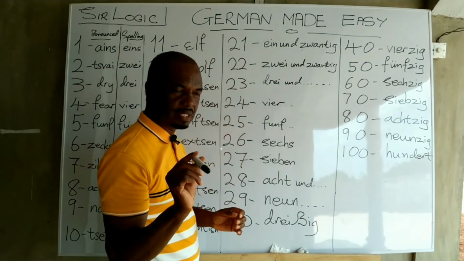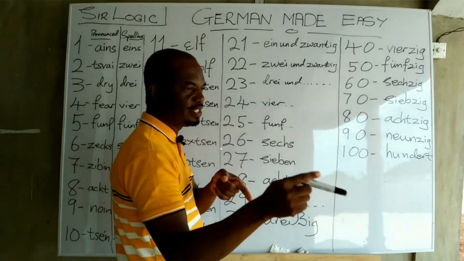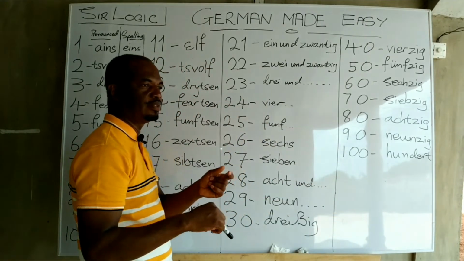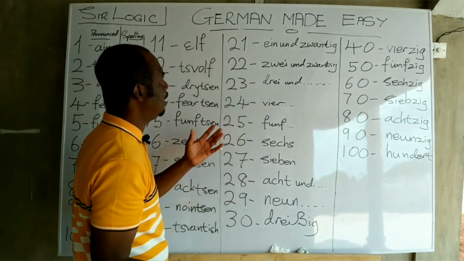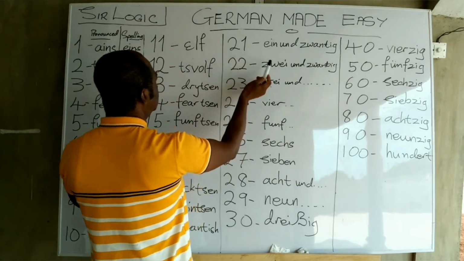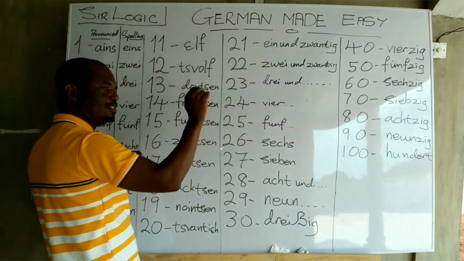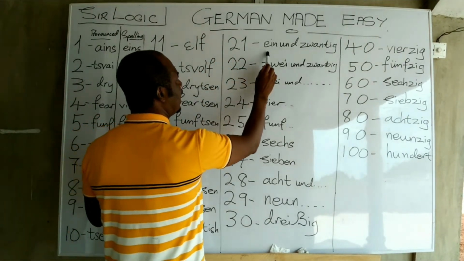In German, we don't say 21 like that. We don't mention the 20 before we mention the 1. We mention the 1 before we add the 20. So we go from behind to add the 20. So how would you say it? Ein und 1 and 20, that's how they say it. 21.